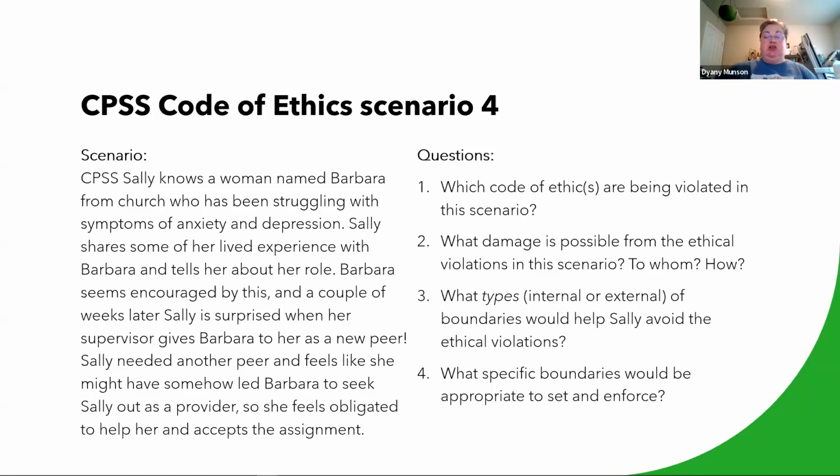Excellent. You're jumping right to the boundaries that can be set. It doesn't matter if she feels responsible. Let the supervisor know. Feeling responsible is separate from what you do next, right? Excellent. You guys are all over this. You guys are getting this really down well.